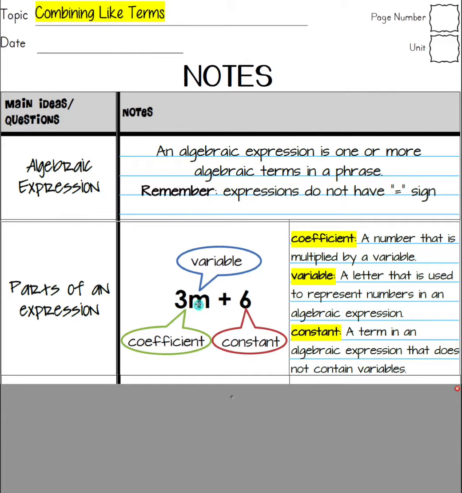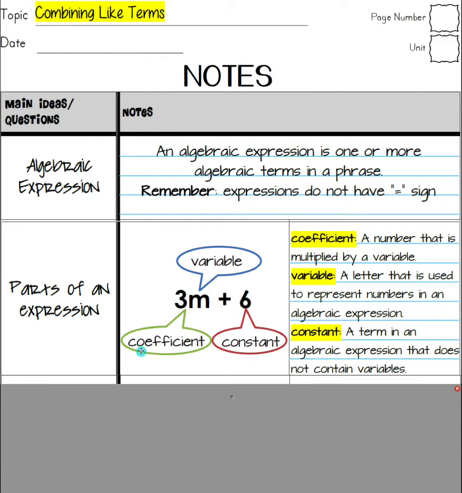The easiest one to point out is the variable. Those are letters that we use to represent an unknown. And when we have a variable next to a number, so you can see that there's no sign in between the 3 in this case and the m, then we call this 3 our coefficient.